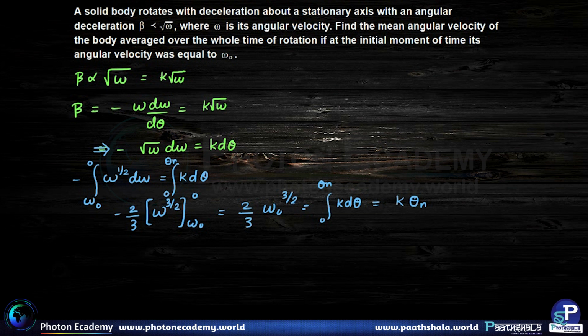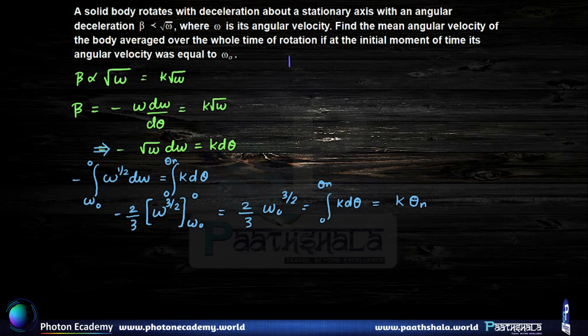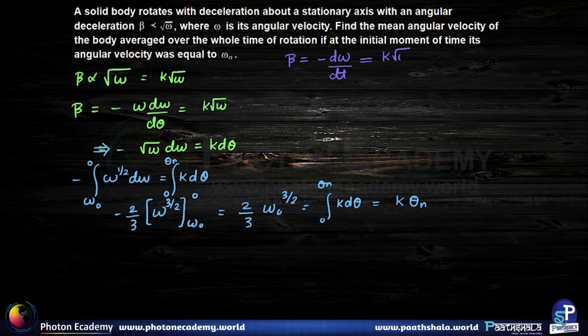In order to find the time, we use the regular equation beta is equal to minus d omega by dt, and since this is deceleration, this is given to be again k root omega. So we can write omega raised to minus half d omega is equal to k dt.